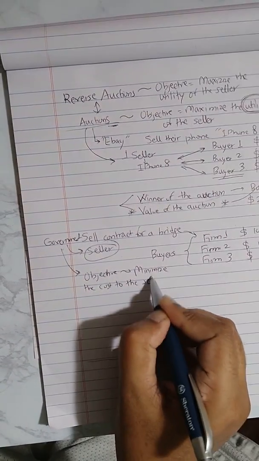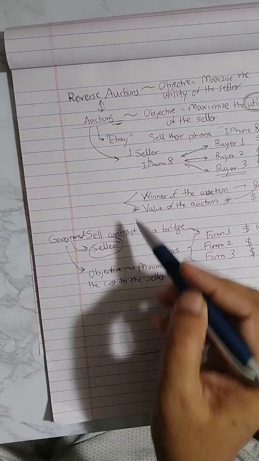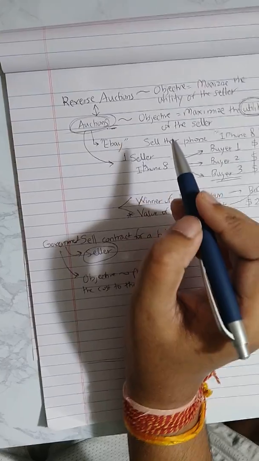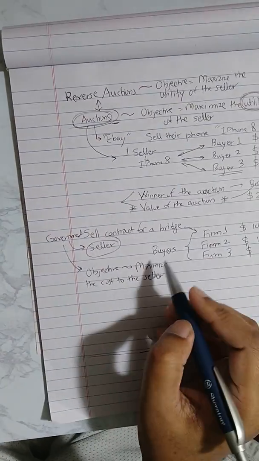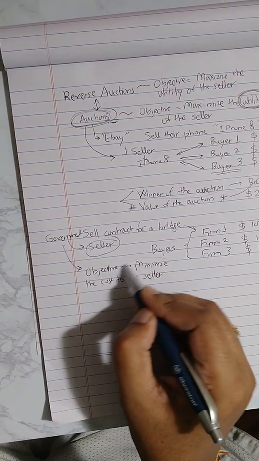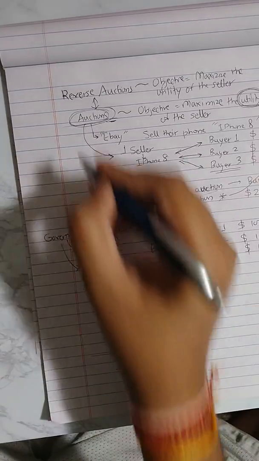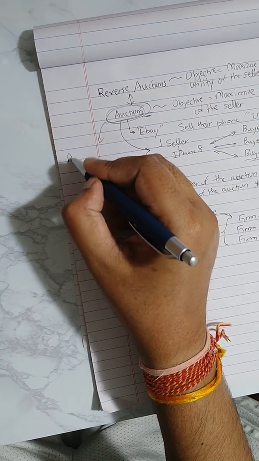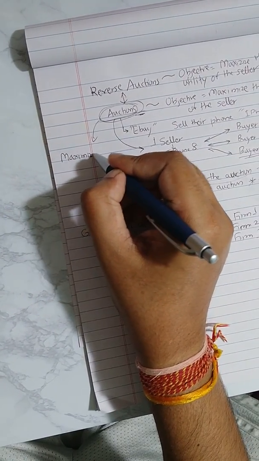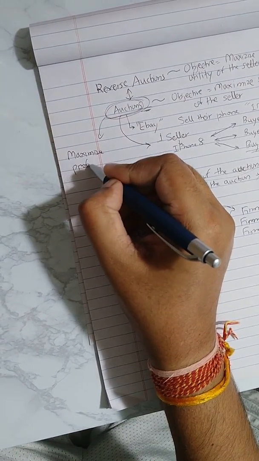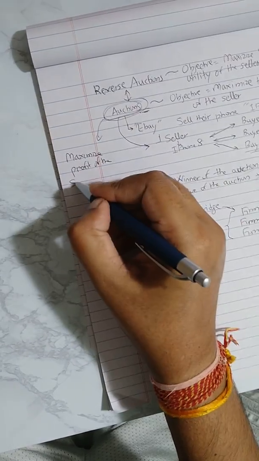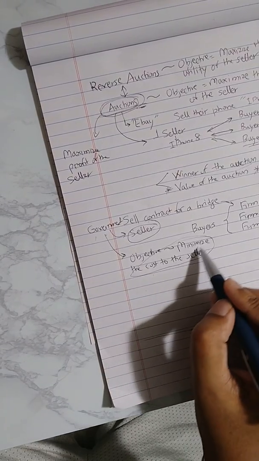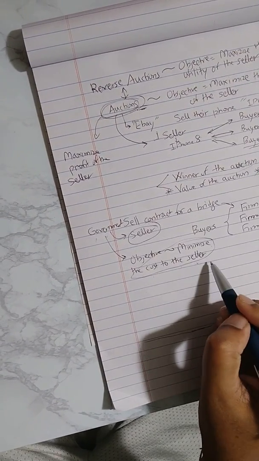Is this difference clear to everyone? Because remember, in auctions, the objective was to maximize the profit of the seller. Here, the objective is to minimize the cost of the seller. Again, in auctions, the objective was to maximize the profit of the seller, and in reverse auctions, the objective is to minimize the cost of the seller.